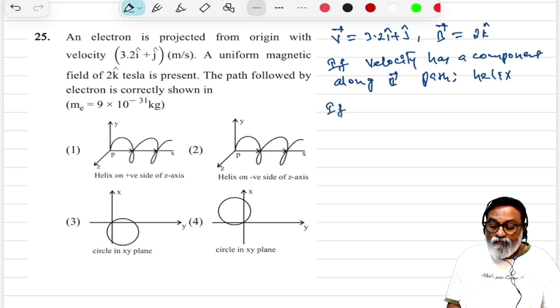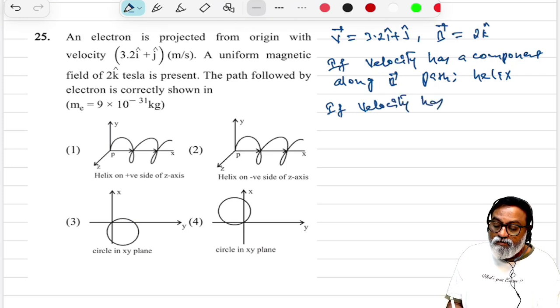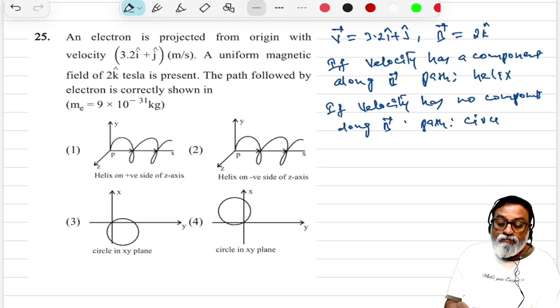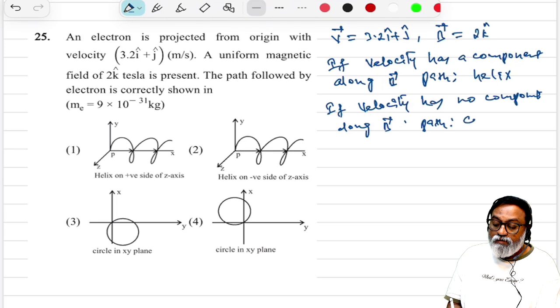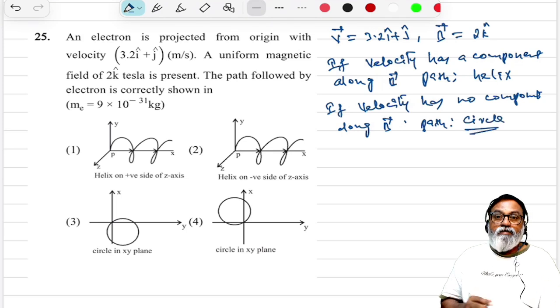Next, if the velocity has no component along b bar, the path is a circle.